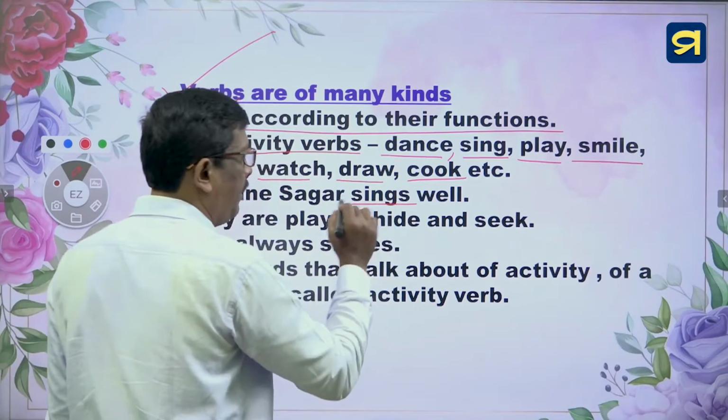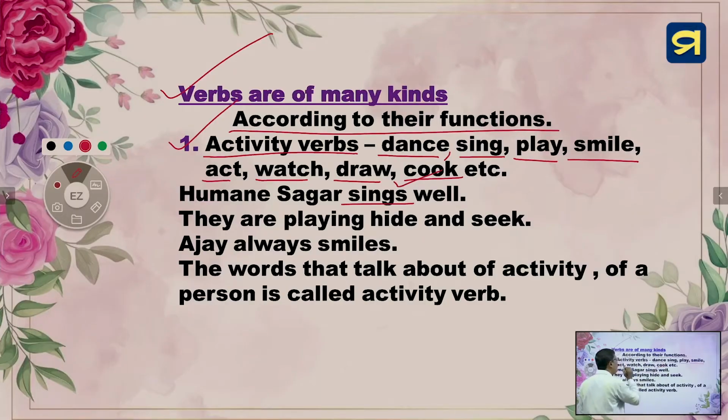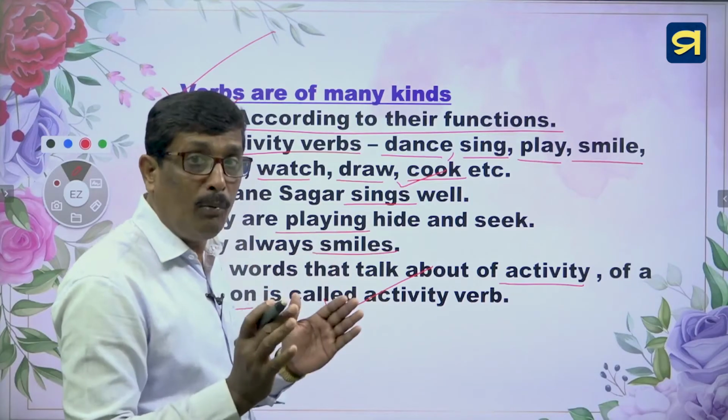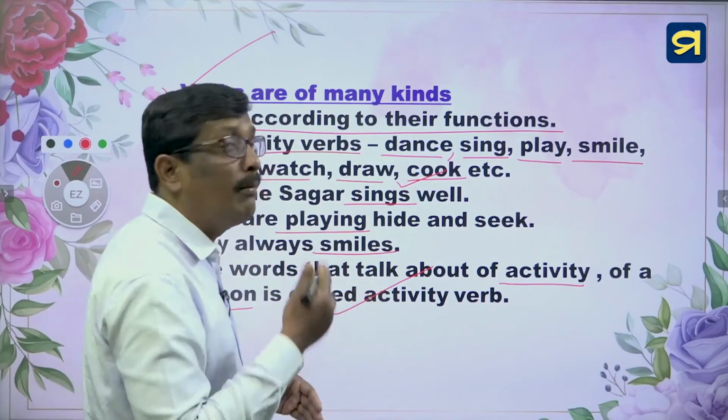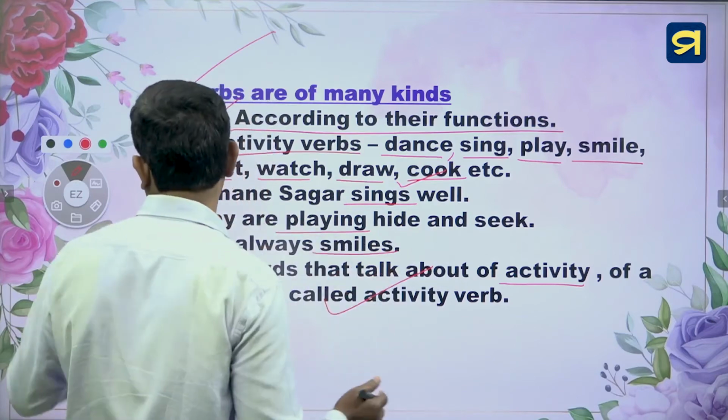You mark it. It is a verb of activity. They are playing hide and seek. You see, playing. Ajay always smiles. The words that talk about an activity of a person are called activity verbs. That means it is a kind of verb that talks about somebody's action or activity.